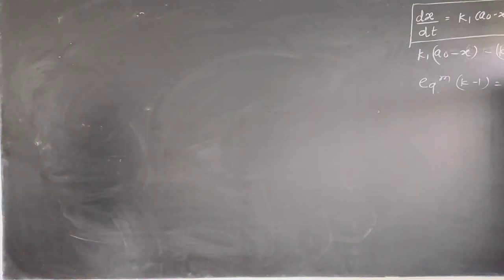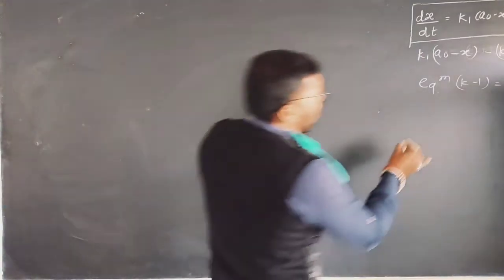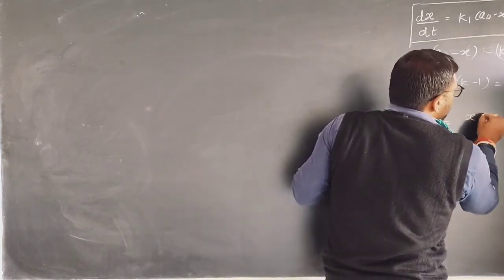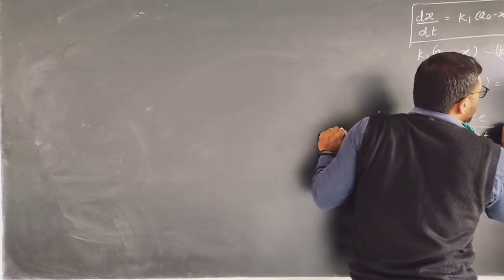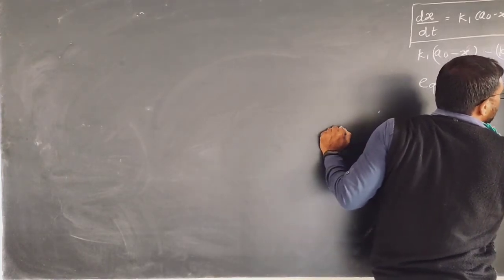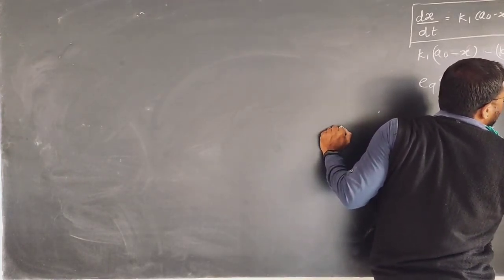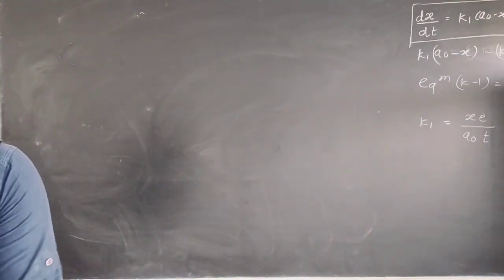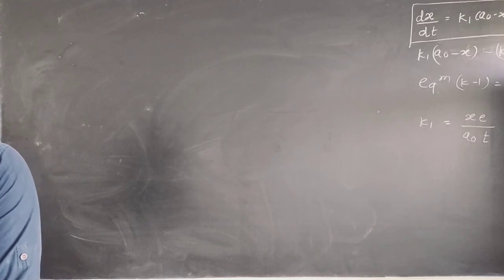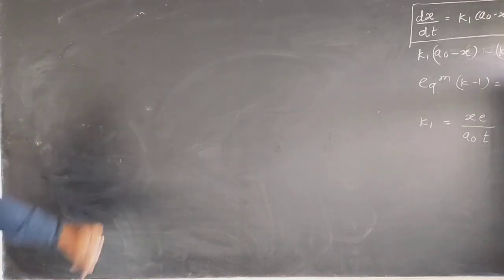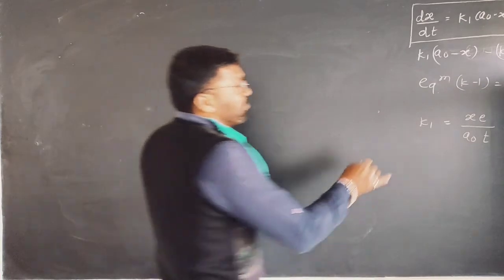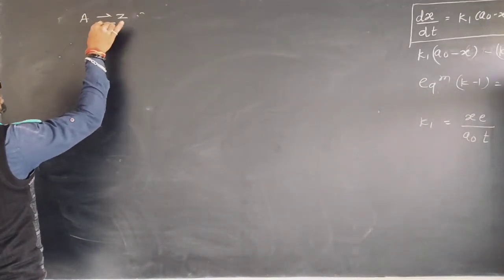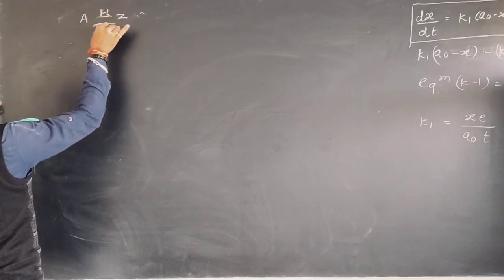Now how to find it? We had one equation: K1 is equal to Xe upon A0 into t, ln of Xe upon Xe minus X. Okay, this is the equation. Now I want to find the complete derivation for this reaction, A gives Z and Z back to A, with K1 and K minus 1.